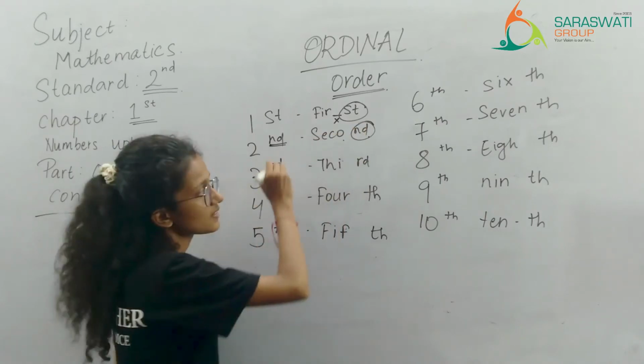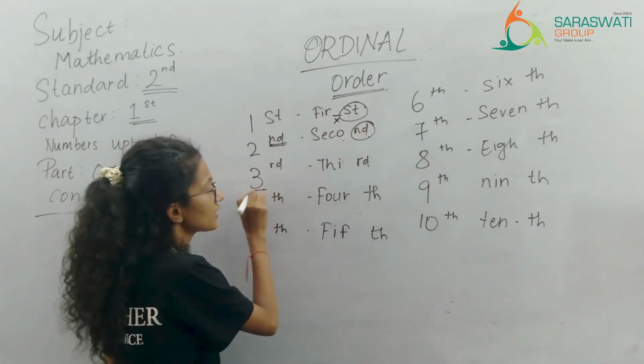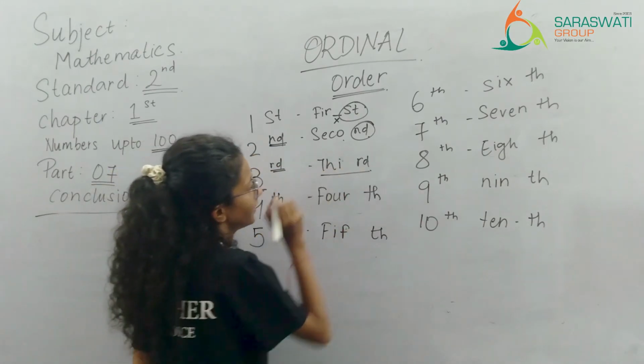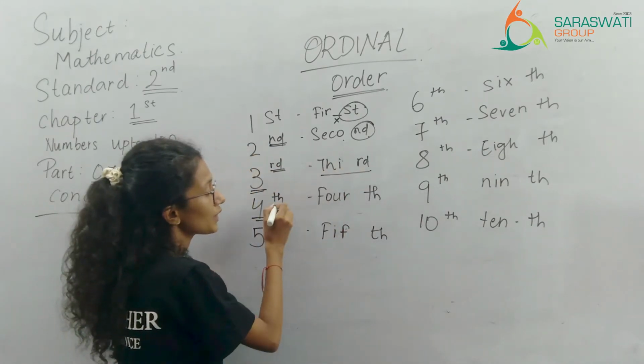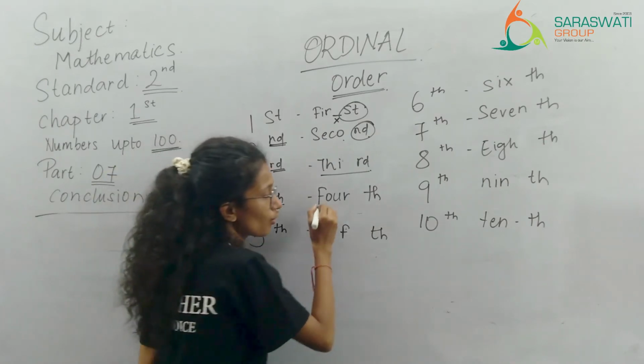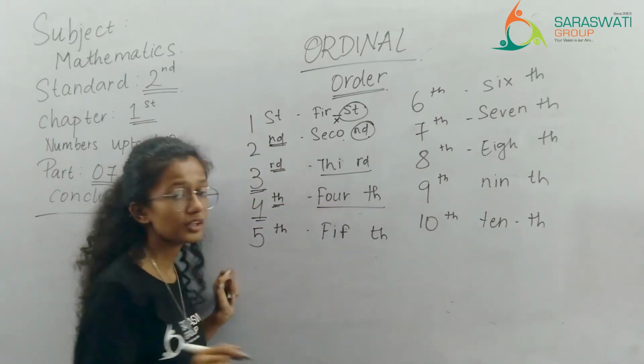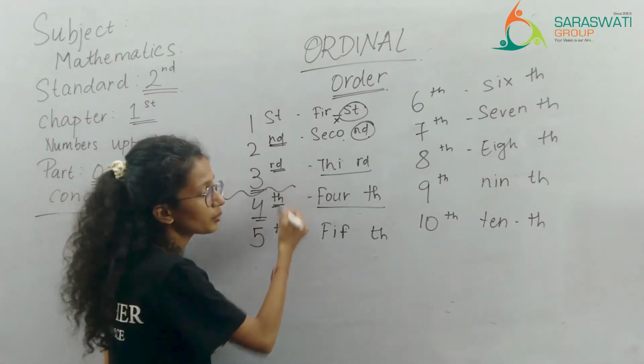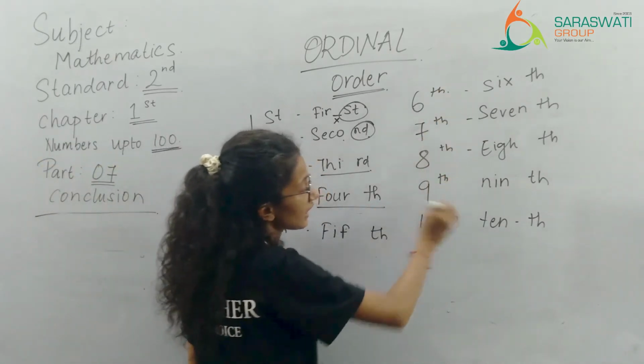Second. In 3 we add RD. Third. In 4 we add TH. Fourth. So here you need to make very sure that after third we will always add TH.